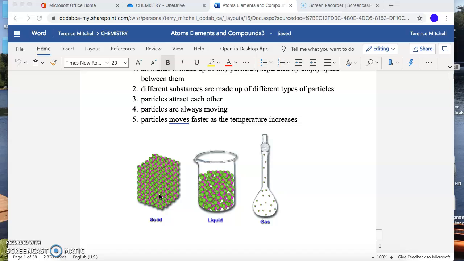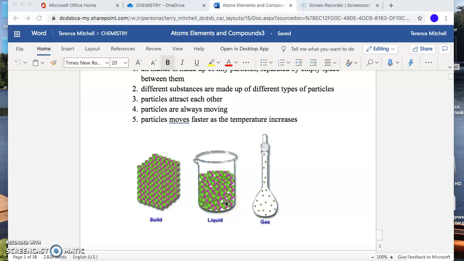In solid form, because it's colder, the particles have slowed down and they have actually arranged themselves in these neat arrays, these rows and columns. The solid is very dense, and a solid holds its shape. So think of an ice cube. You put an ice cube into a cup, you can still see the ice cube. So it's holding its shape.